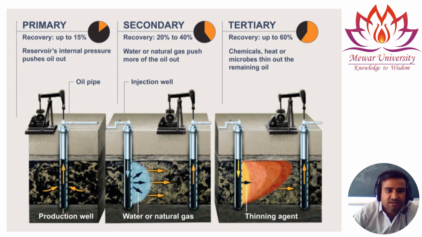So you can see in this picture we have an injection well. Through this injection well you are injecting some chemicals. This is a thinning agent, and this thinning agent is pushing the oil through the production well. So this is a production well and this is an injection well.